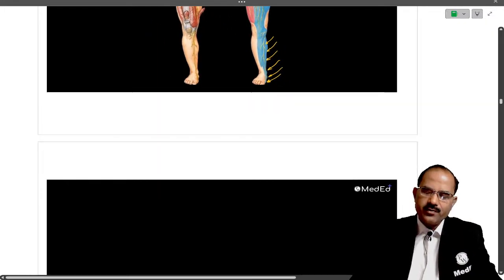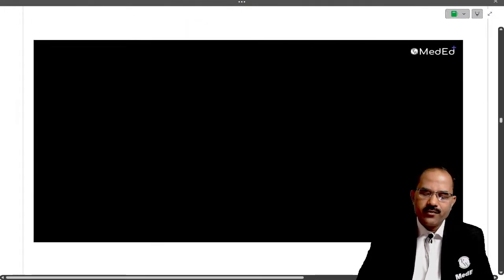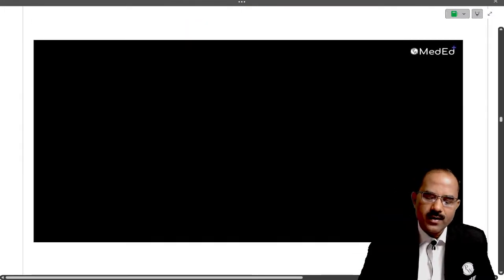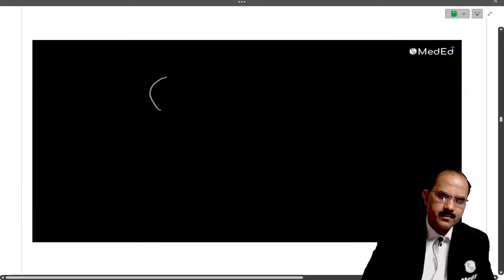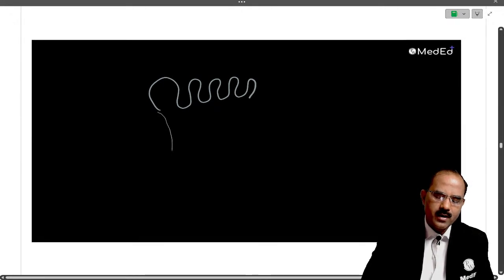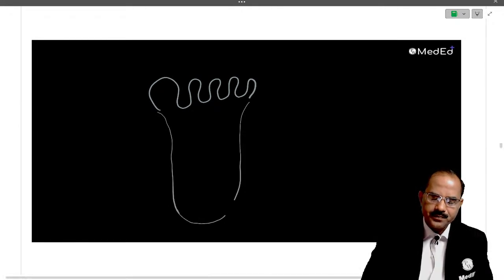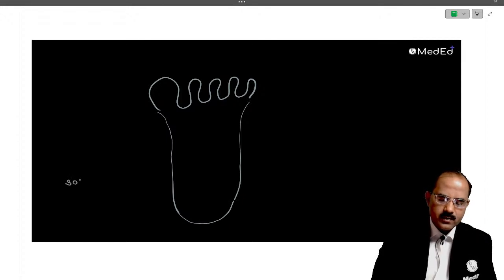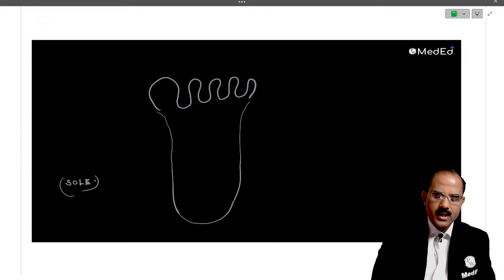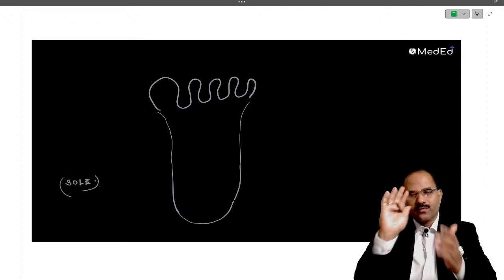I'll just draw a slide for you. Another very important slide which is asked in most of the exams. Have a look at this. Visuals, anything can be asked on this, so be very clear about this, no confusion here. This is the sole of the foot, not the dorsal aspect, the plantar aspect.